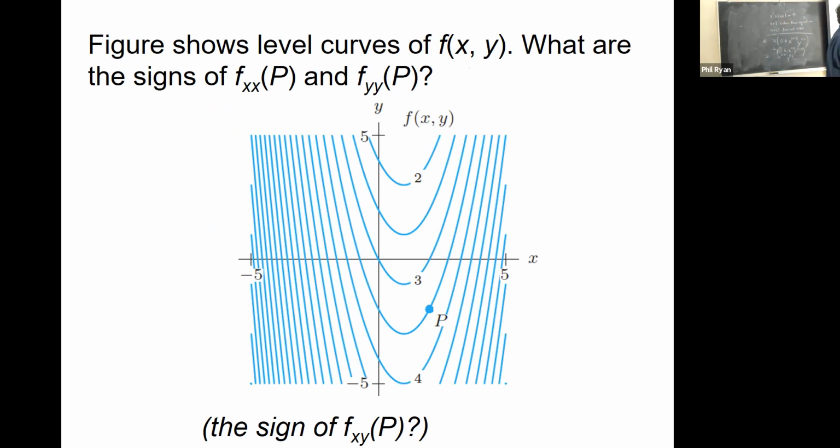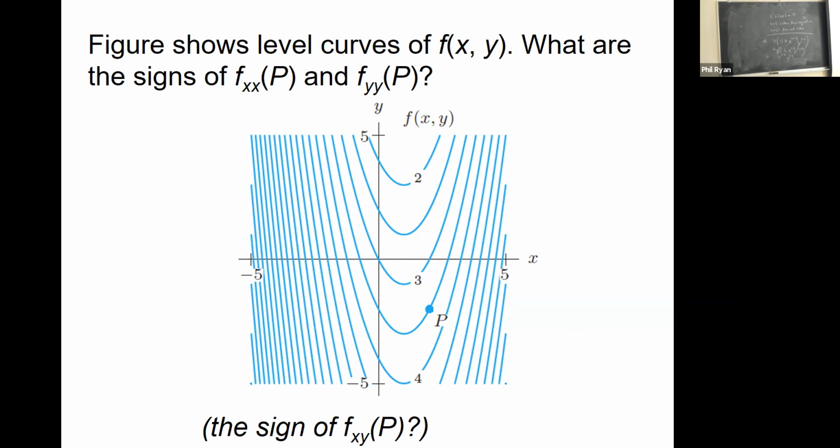Okay, so we can ask questions about partial derivatives from contour maps. So let's say we're at P, and we're interested in f, the partial derivative with respect to x. So if we go in this direction, are we going uphill or downhill?